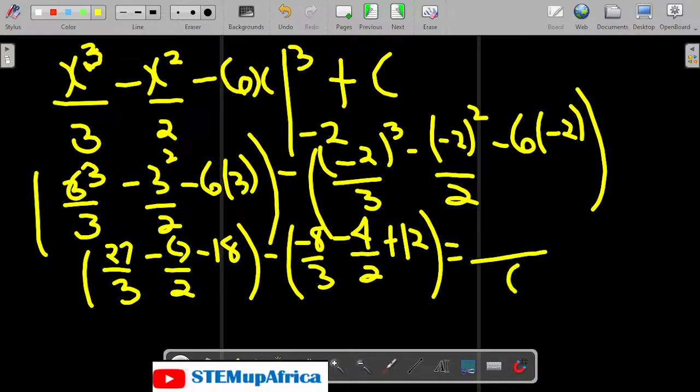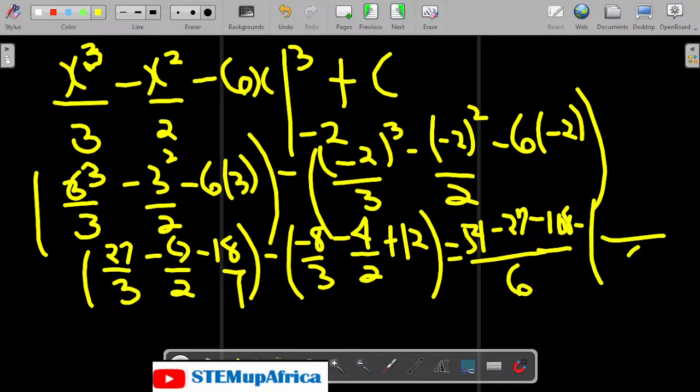The LCM is 6. So 6 divided by 3 is 2, and 2 times 27 is 54. Minus 6 divided by 2 is 3, and 3 times 9 is 27. Minus, over 1, 6 times 18 will give us 108.